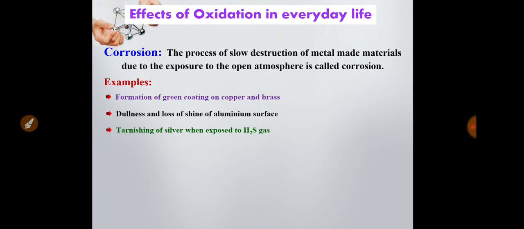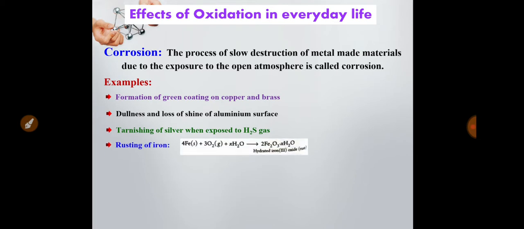When a silver ring on your finger is exposed to H2S gas, it will react with the H2S gas to form black colored silver sulfide, and it will lose its silver shine and become blackish in color. So it is an example of corrosion also.